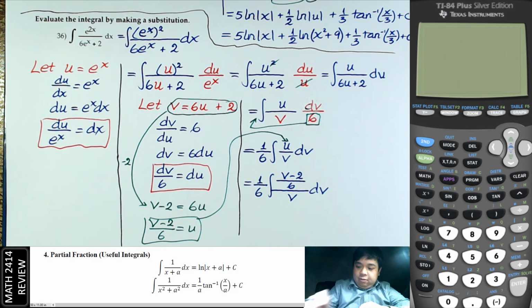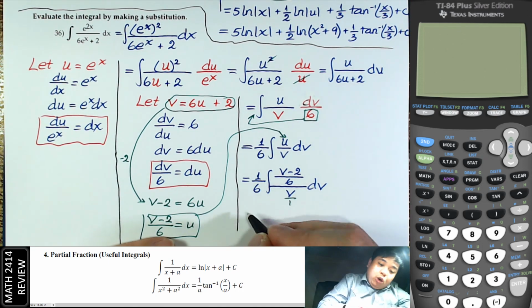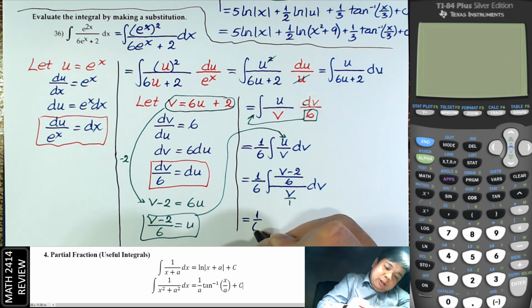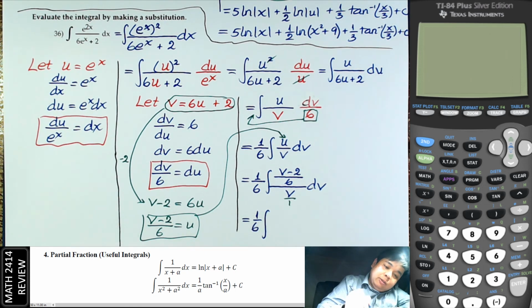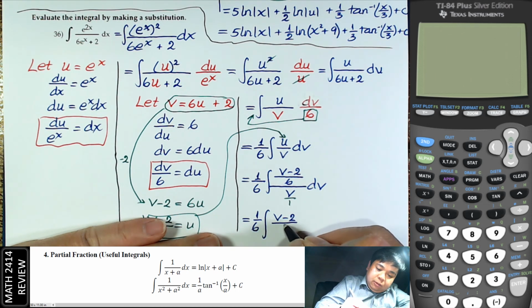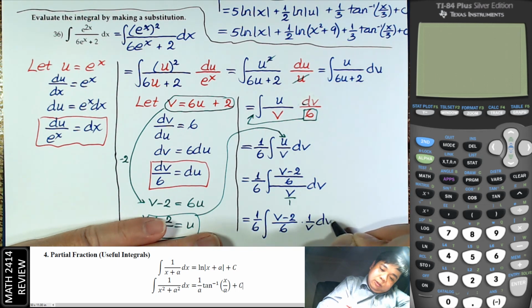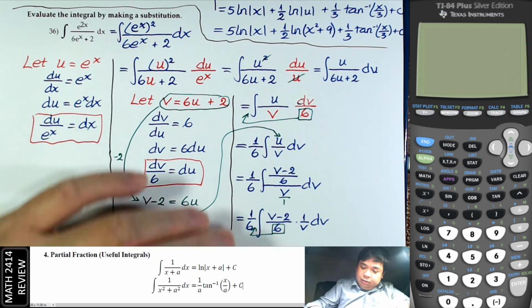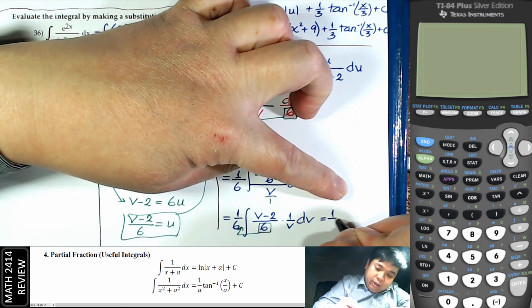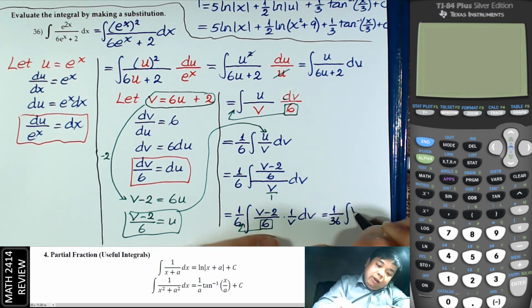Right, dividing a fraction is multiplying by the reciprocal. Also take this 6 outside: 1 over 36, 6 times 6. And then we have v minus 2 over v dv.